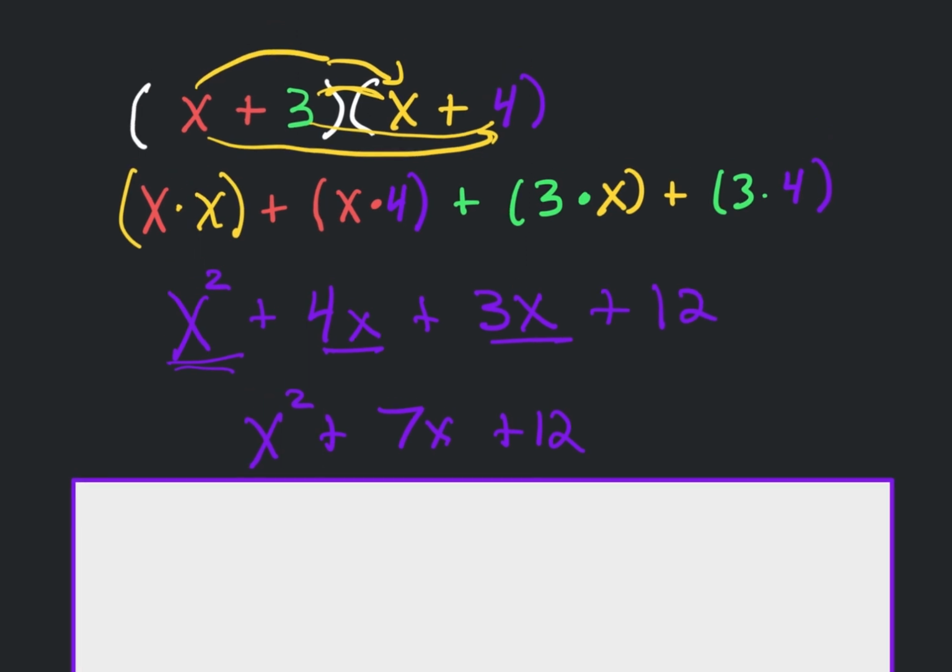Now, will the middle term always disappear? Not always. If the 2 terms in the first binomial are the same degree as the first 2 terms in this binomial, yeah, the middle will go away. They'll combine, but it's not always the case. So you do need to write it out and assume that it's not going to go away.